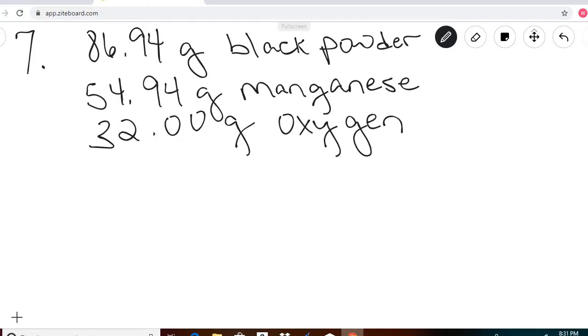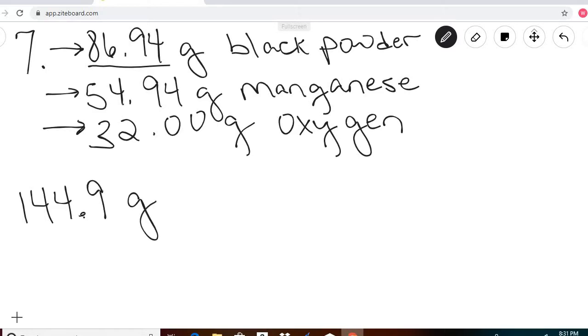Okay, so these two are mixed together and they yield 86.94 grams of black powder. Then the next part of the question says that instead of breaking down 86.94 grams, what if the student breaks down 144.9 grams?